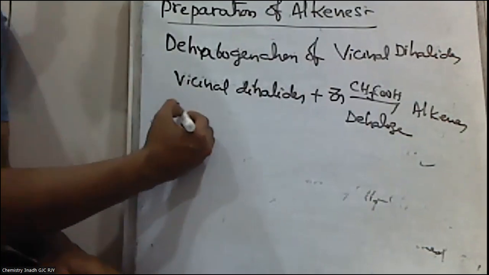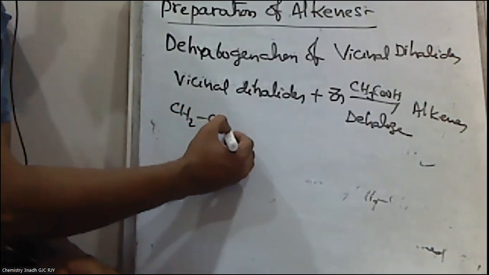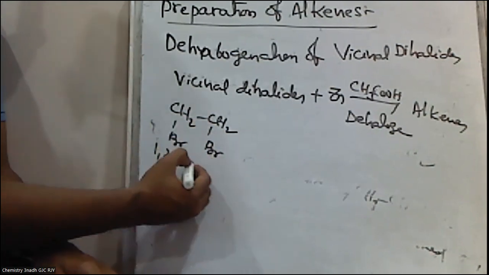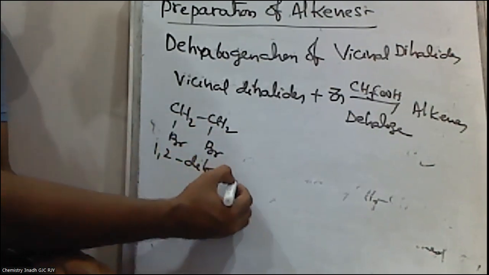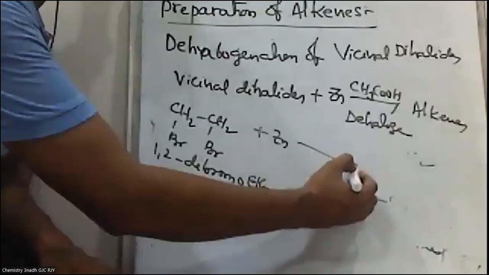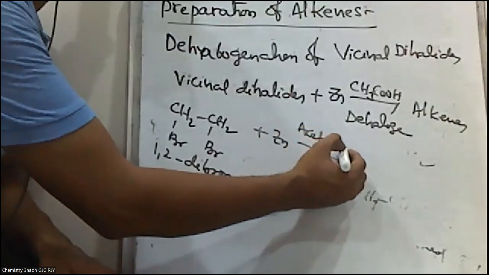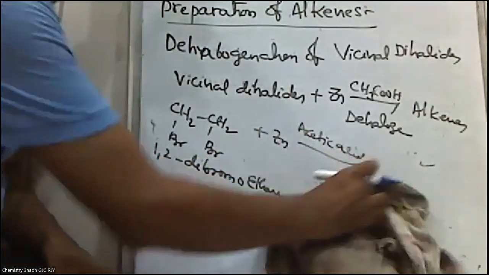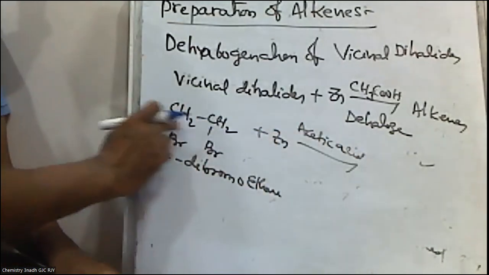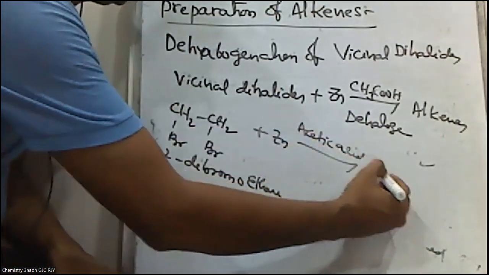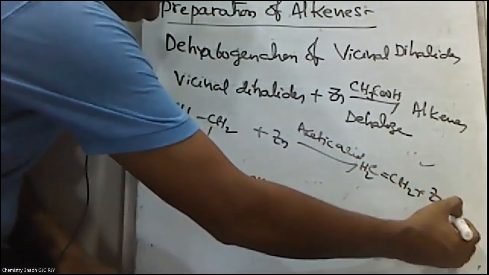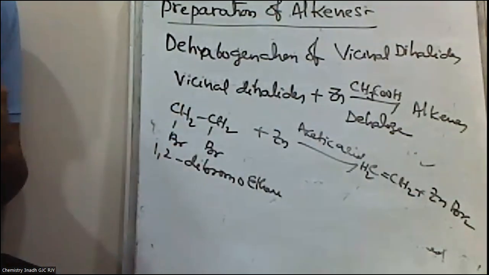For example, if you take 1,2-dibromoethane with zinc in the presence of acetic acid, the bromines are removed. That's why you will get CH2=CH2 plus ZnBr2.